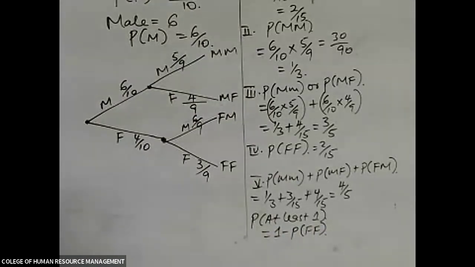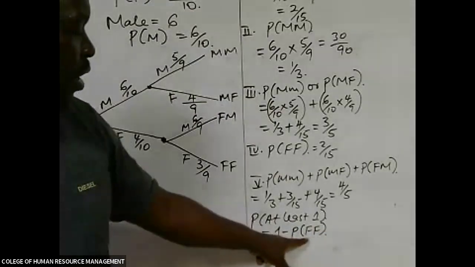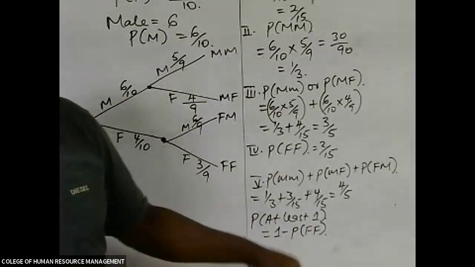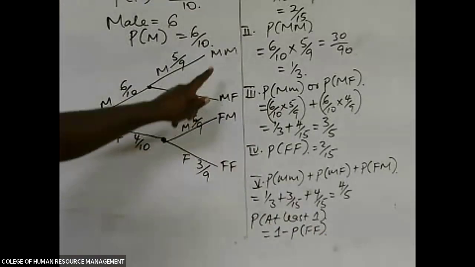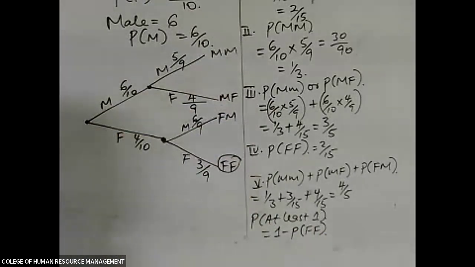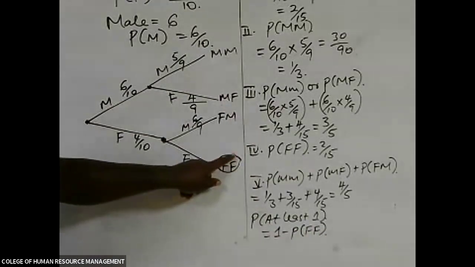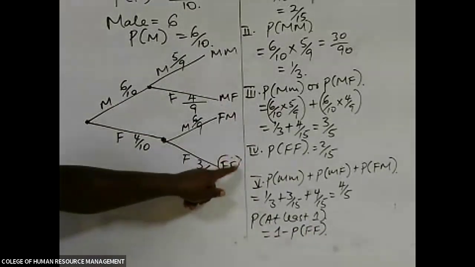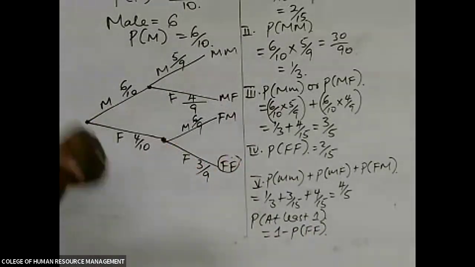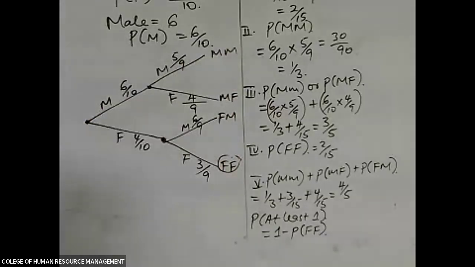If you are talking about the probability of at least one male, it is 1 minus the probability of what is not a favorable event. Remember, we have talked about this and this and this. This one was not part of it. And we know the sum of all the probabilities must be equal to 1. So it is 1 minus this, because this one is not among the favorable events.